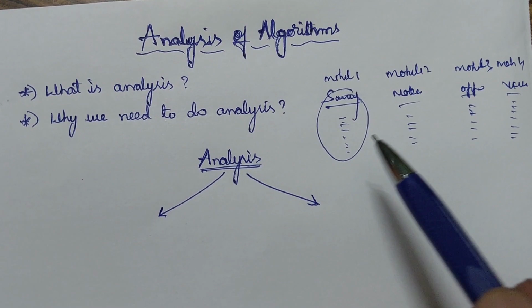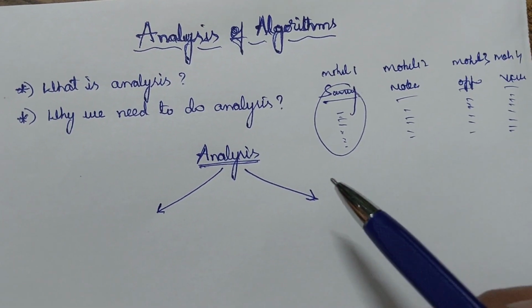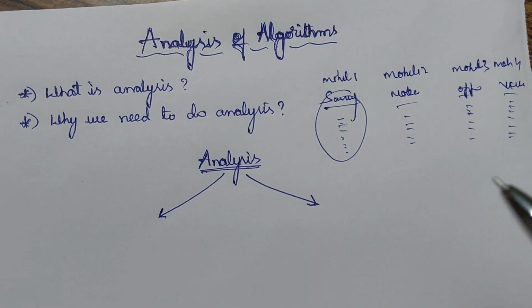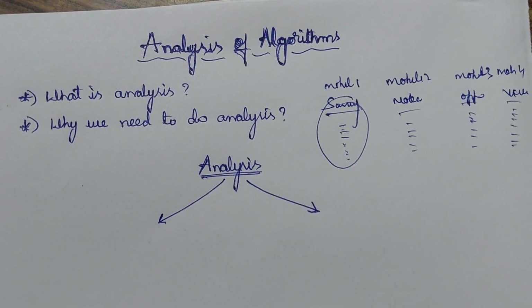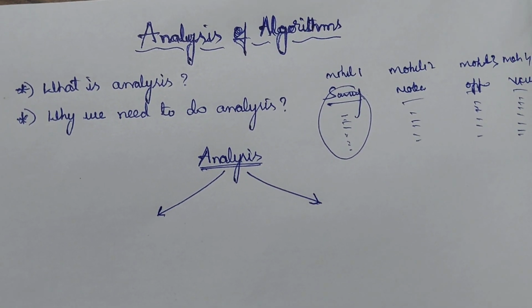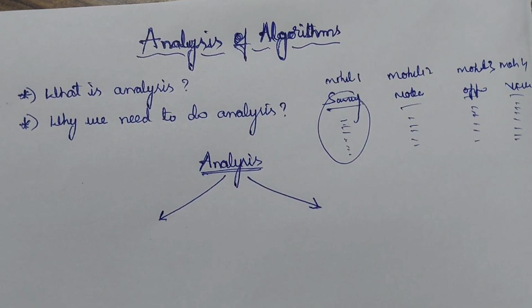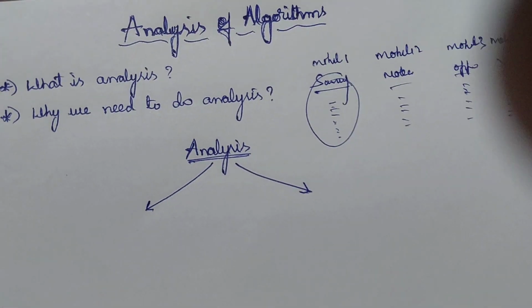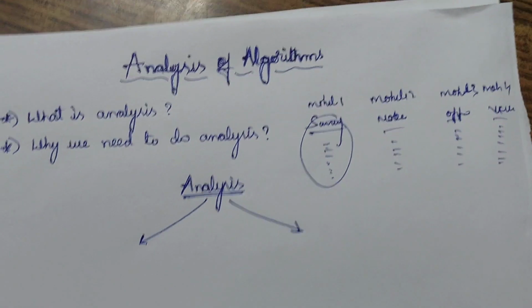Everybody is not taking Samsung. Some people go for Nokia, some for Oppo, some for Vivo, some for Redmi, some for iPhone, some even for cheaper Chinese sets. Each one has their own requirement, and based on that requirement they choose.